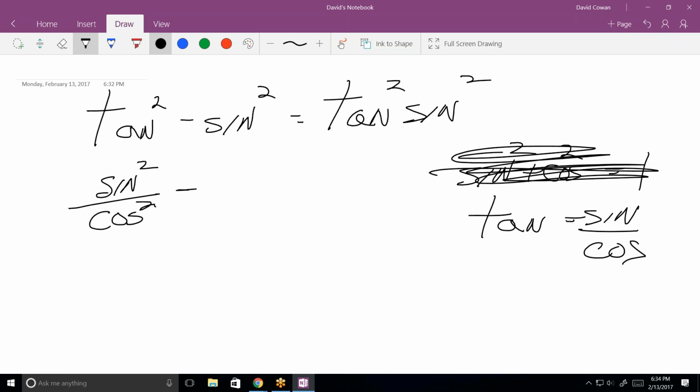Just solve for sine. It's always a question of doing the algebra. Tan times cosine. Yeah. In this case, tan squared times cosine squared, because we started with sine squared.